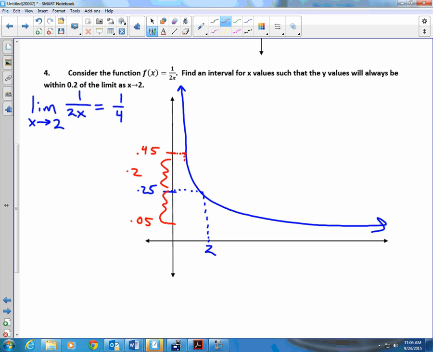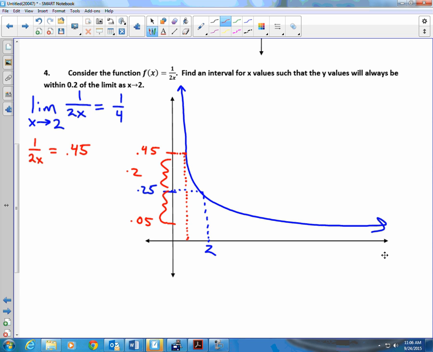I want to know what is the x value that would give me a y value of 0.45. How do I figure that out? Take the function and set it equal to 0.45. We're going to figure out where the function is equal to 0.45.